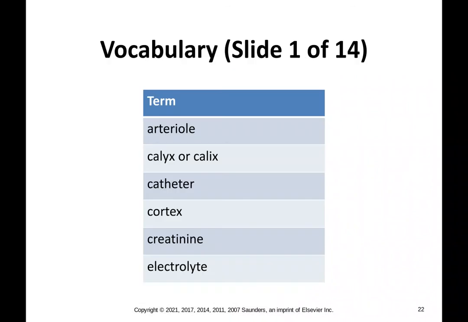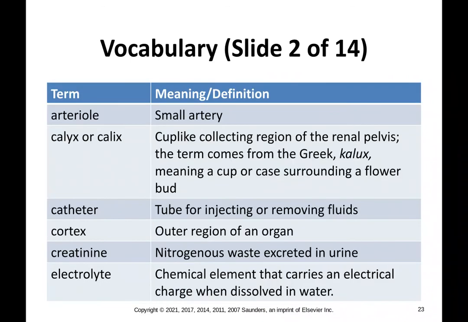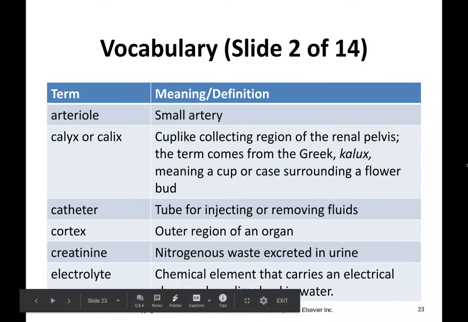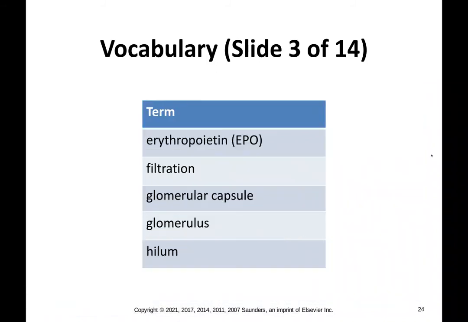So our vocabulary terms are arterial, calyx, catheter, cortex, creatinine, electrolyte, and here are our definitions. So make sure you review these, download the slides. Erythropoietin, or EPO, filtration, glomerular capsule, glomerulus. I know those are tough to say.